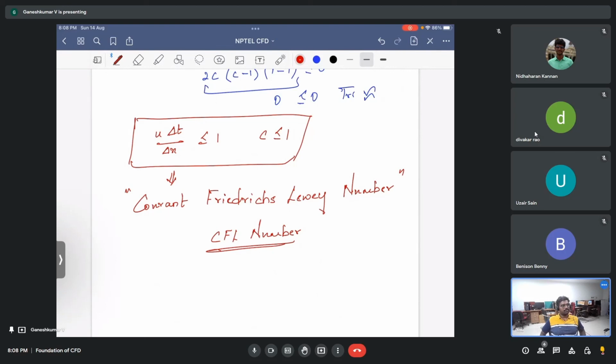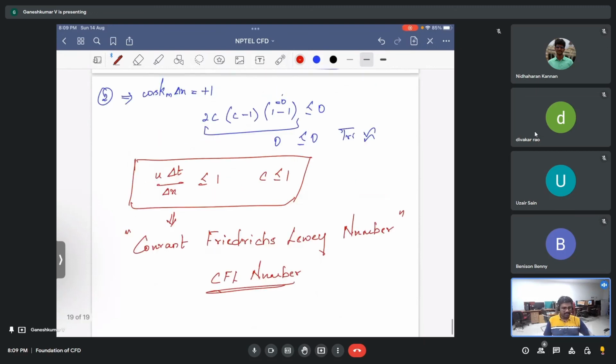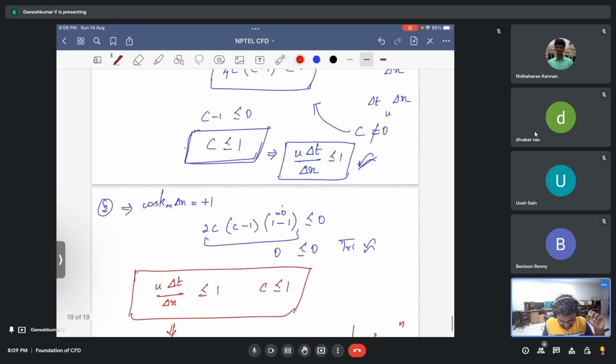I'm not sure, I couldn't remember it, but I will get back to you on what the condition is for steady state problems. I will give you a more comprehensive answer in the next session.